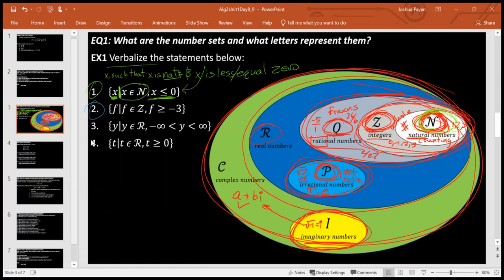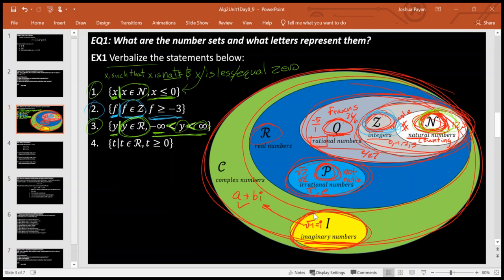Let's look at another one just to make sure that we've got it. So here we have some number f such that f is an integer, right? And f is greater than or equal to -3. Right? Then you've also got another example here. y such that y is a real number and y is greater than -infinity, but less than infinity.